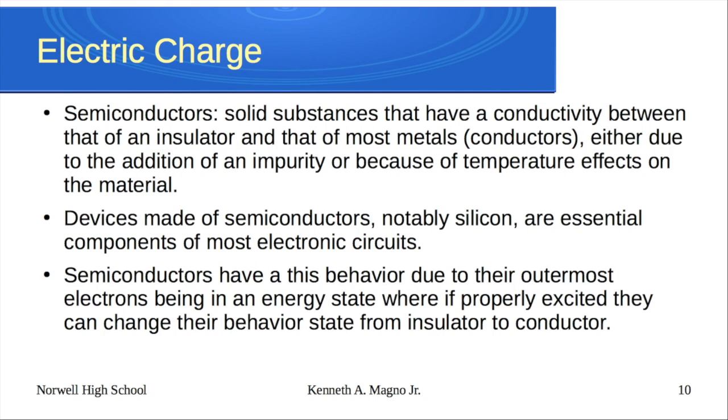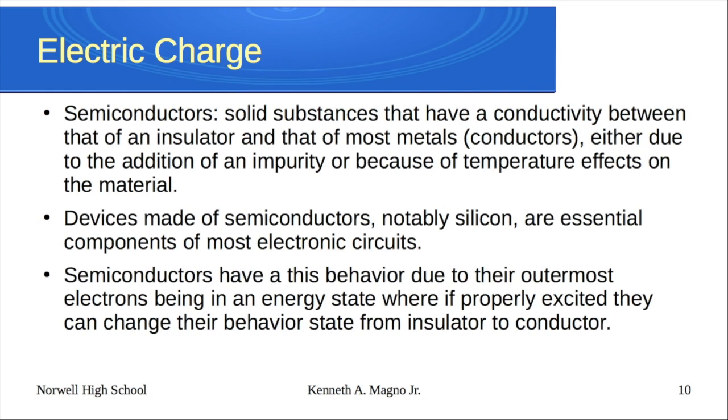So then we got another really interesting concept to talk about, and it's really only been in the 20th century and forward that they've been a big issue, which are semiconductors, okay? So semiconductors are solid substances that have a conductivity somewhere between an insulator and a conductor. Okay, so we start talking about things called conduction bands, and basically how well do they conduct?